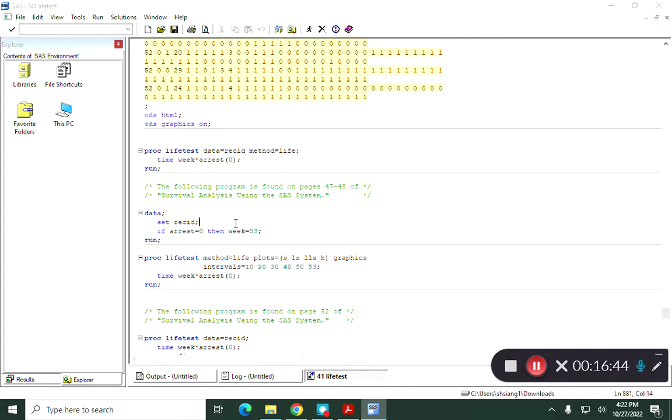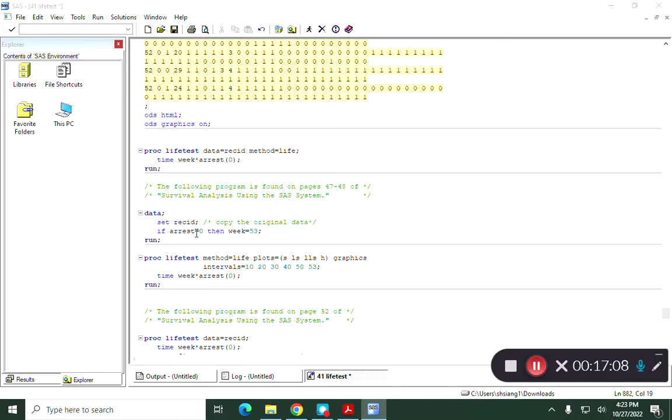Set means copy the data set from the original data set. We copy the original data set. And why do we copy the original data set?